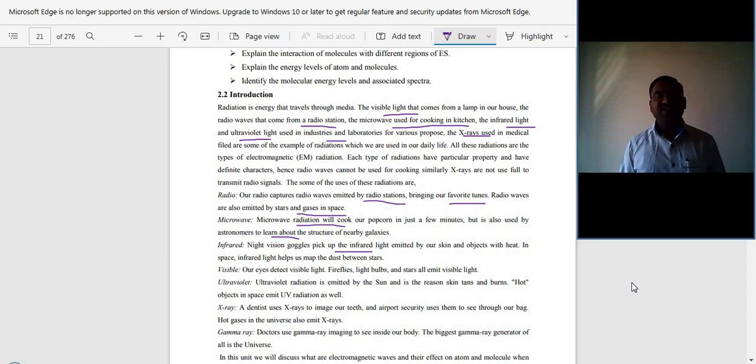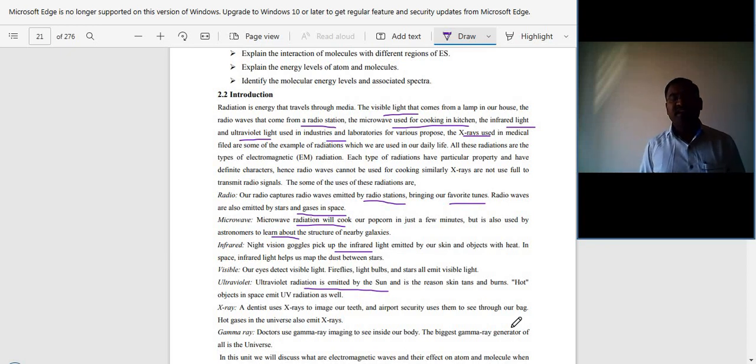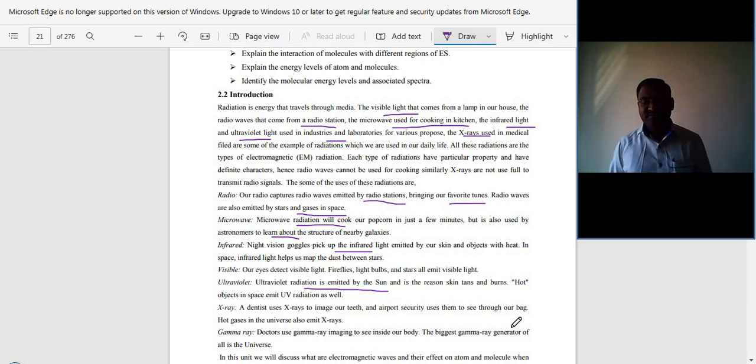In visible radiation, fireflies, light bulbs and stars all emit visible light. Ultraviolet radiation is emitted by the sun and is the reason skin tans and burns.